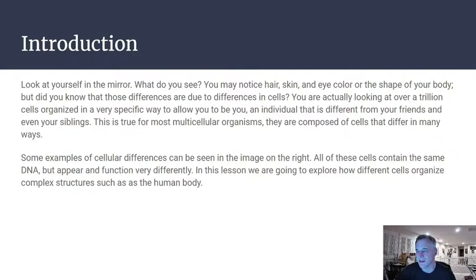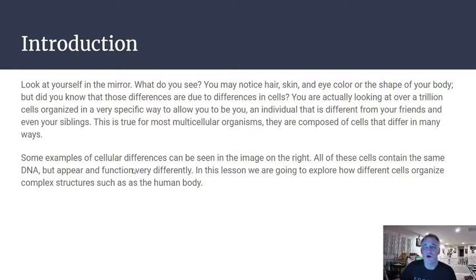Your skin cells aren't going to be the same as your muscle cells, which aren't going to look the same as the cells that make up your eye color and so on. You're actually looking at over 1 trillion different cells organized in a very specific way to allow you to be you, an individual that's different from your friends and even your siblings. Unless you have an identical twin, genetically you're different from even your closest family members, right?